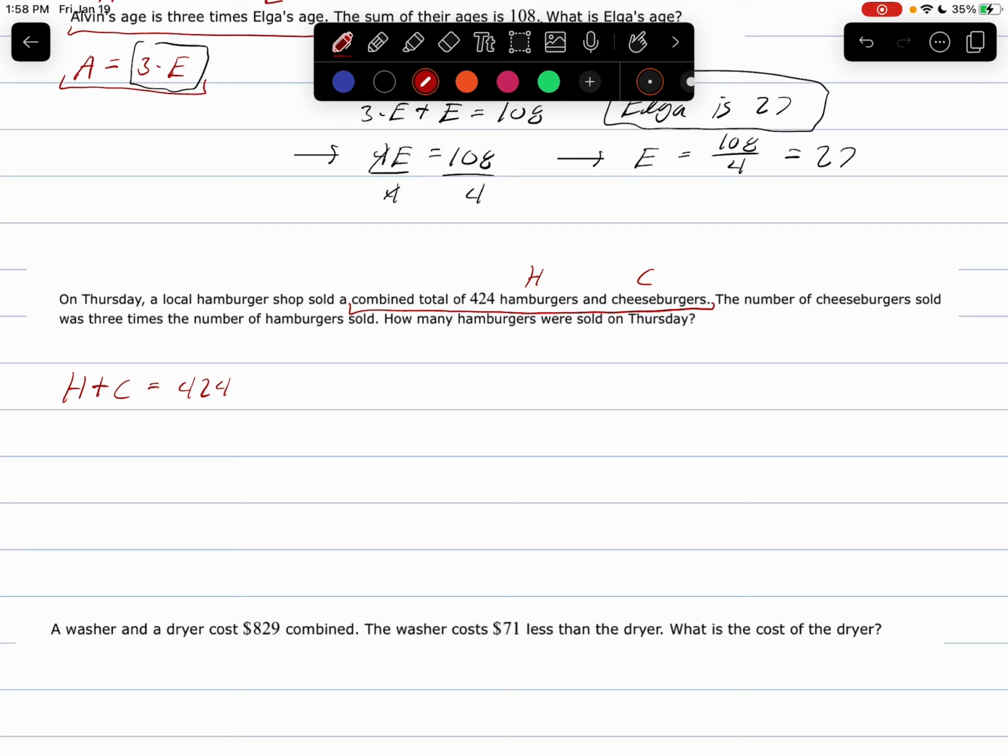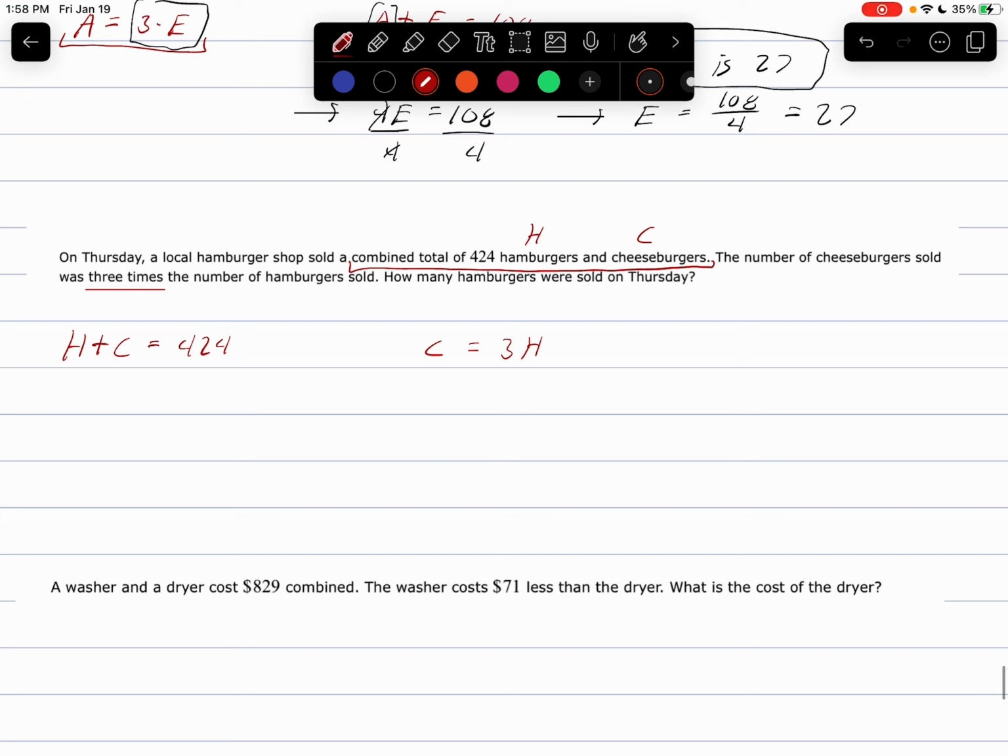That's one equation that we have. Then we have that the number of cheeseburgers sold was 3 times the number of hamburgers sold. So we can write this as C is equal to 3 times H.